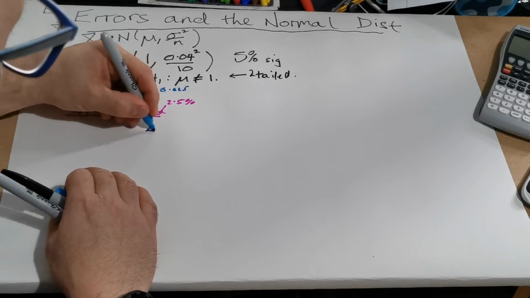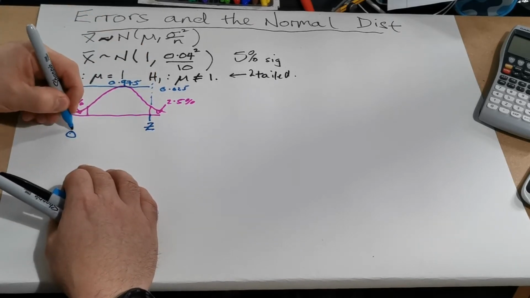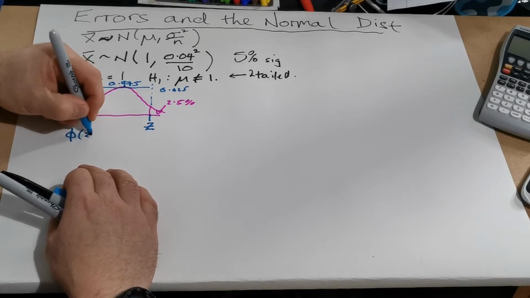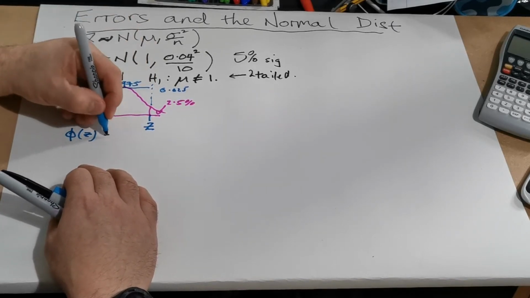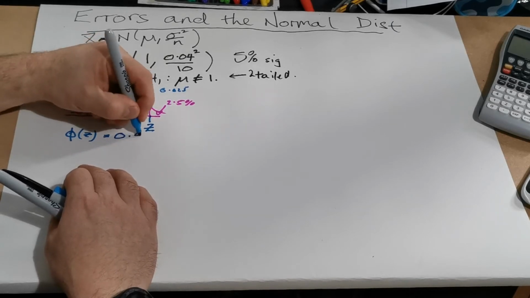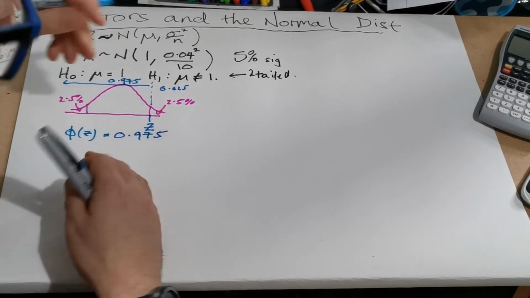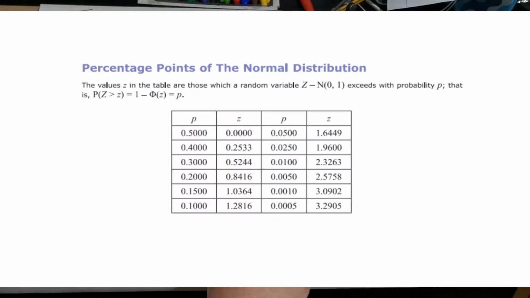So this value here, Z, the probability of it being less than or equal to Z, which is what we represent by phi of Z, is equal to 0.975. Now, if I look at my tables, if phi of Z is that, then I can work out what Z is. The table that I've got says that 1 minus phi of Z is equal to P. So in this case, P is equal to 0.025.